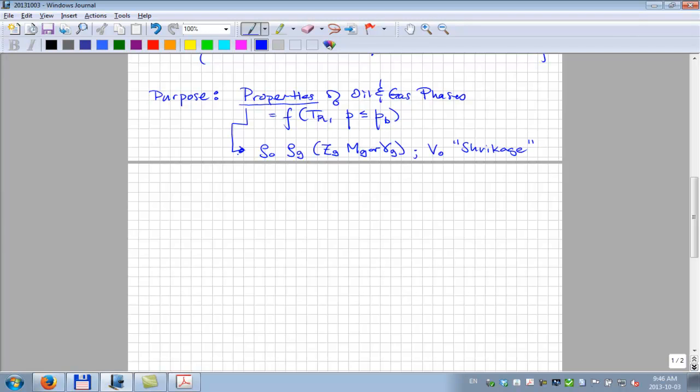Then the question is, why is it shrinking? Is it because the pressure is decreasing? Well, with an oil where the pressure decreases, usually the volume expands, right? We're saying that the oil shrinks. Why does it shrink?